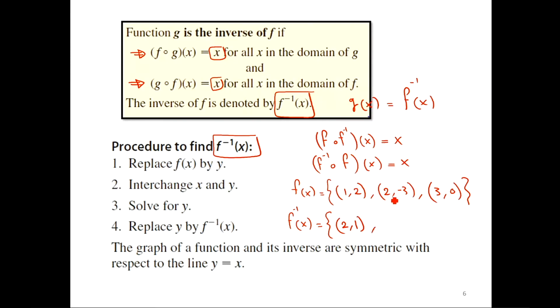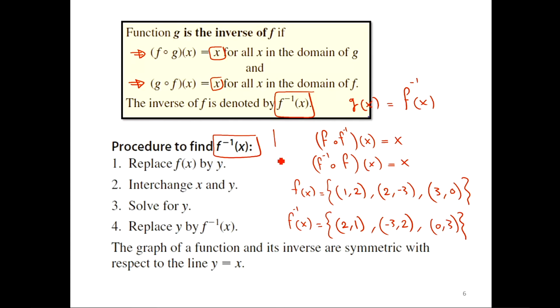If we have point 2, -3 in the f of x, the inverse must be -3, 2. So swap between x and y coordinates. Also, we have 3, 0, and the inverse equals 0, 3. This is the value of f inverse if we have f of x as ordered points.